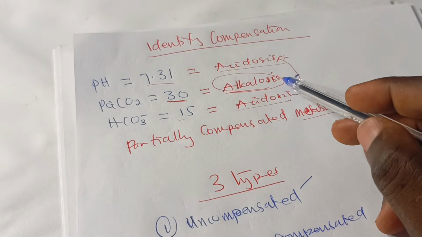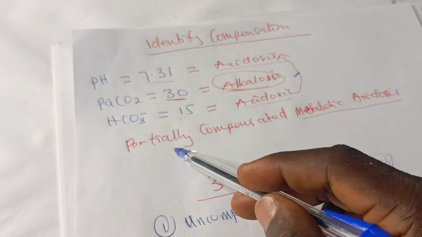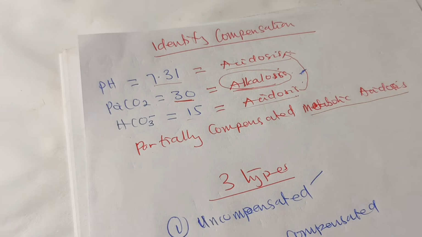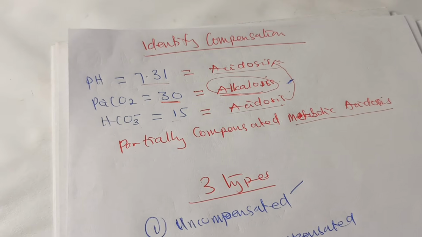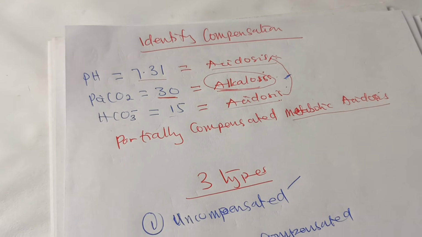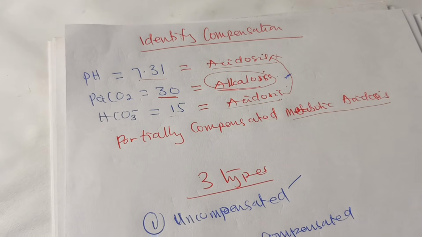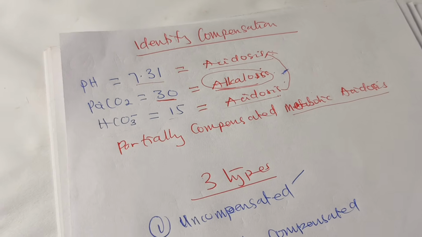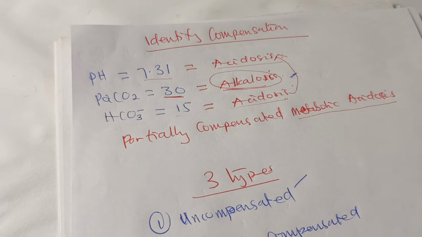So because the respiratory system is responding, we say it's partially. I hope this makes sense. So compensation does not usually correct the pH. It tries to bring it back towards the normal, but it may not. So that is why we have the partially.